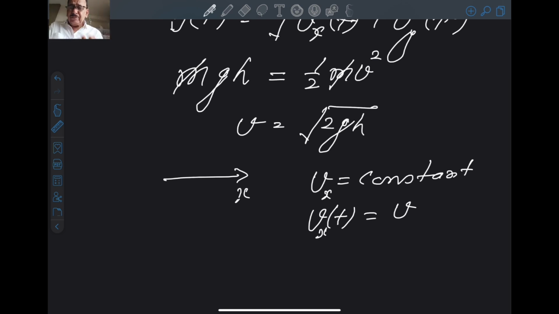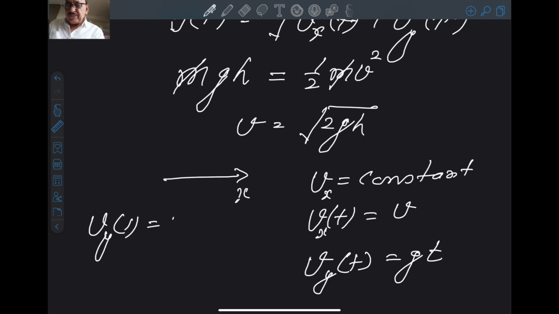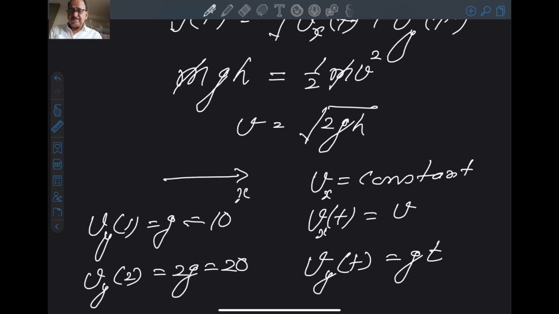In y direction there is a vertical motion. There is a formula, but another thing is that v_y(t) is equal to gt. So it is very easy. In y direction, velocity after 1 second is g, that is t. Velocity in y direction after 2 seconds becomes 2g and it is 20 because g becomes 10.